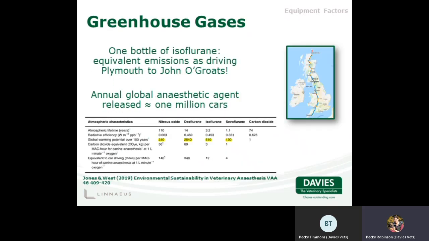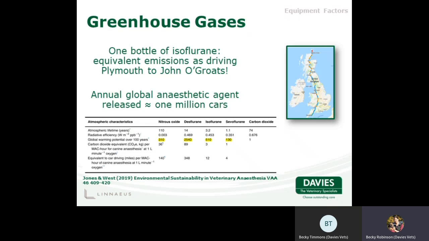Just as a couple of examples of how significant anaesthetic agents can be in terms of their effect as greenhouse gases, one bottle of isoflurane, when used, produces equivalent emissions as driving from Plymouth to John O'Groats. And the estimated annual global impact of anaesthetic gases is equivalent to either one coal-powered station or around about 1 million passenger cars.